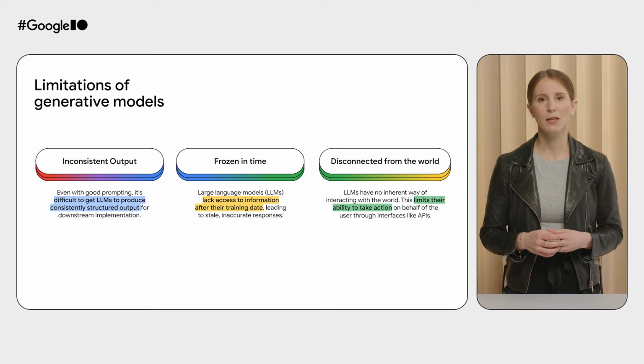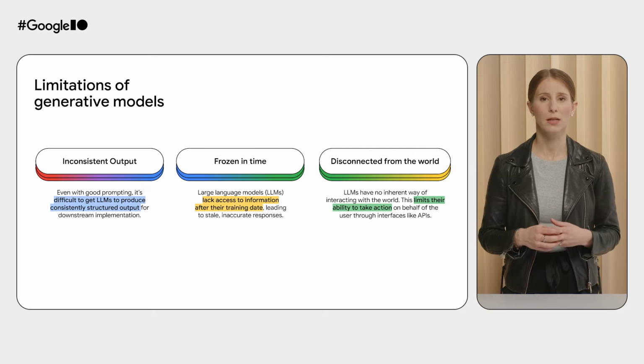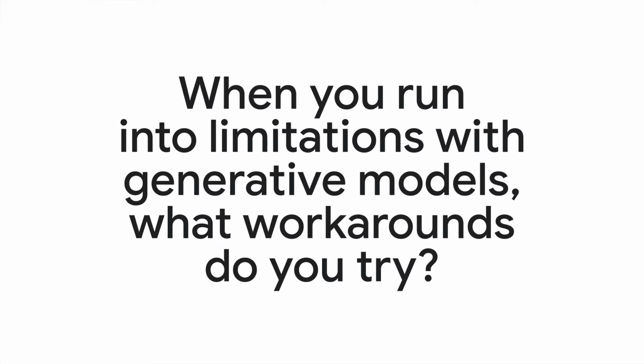And finally, LLMs are disconnected from the world. This limits their ability to take action on behalf of the user and through common interfaces like REST APIs or databases. When you run into limitations with generative models, what workarounds have you tried?